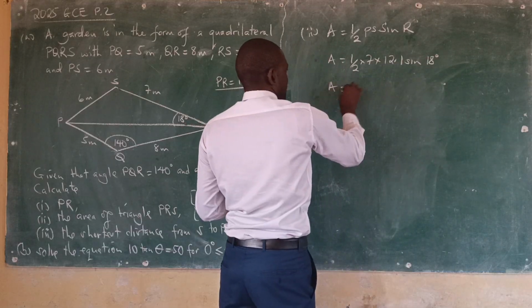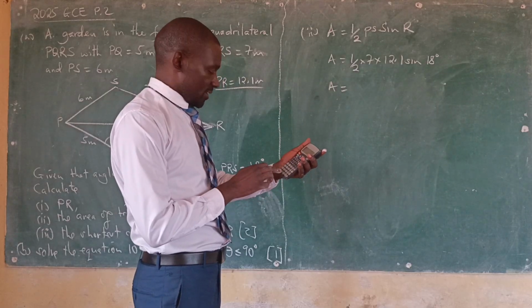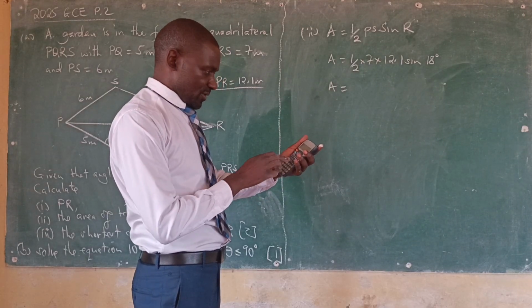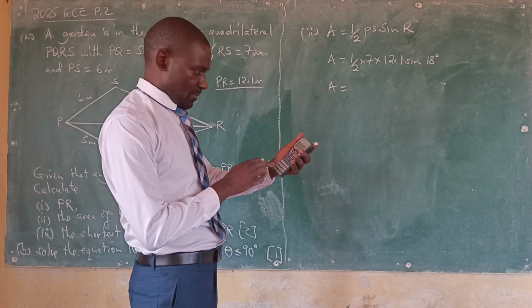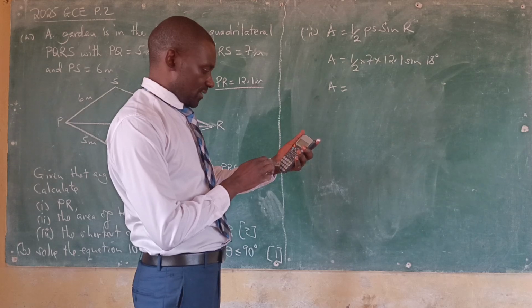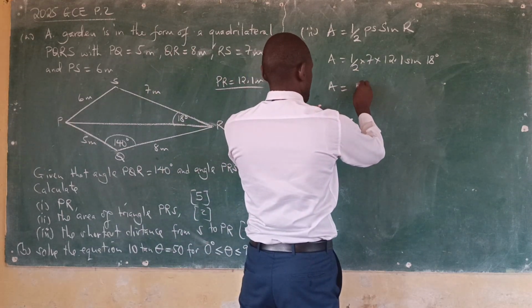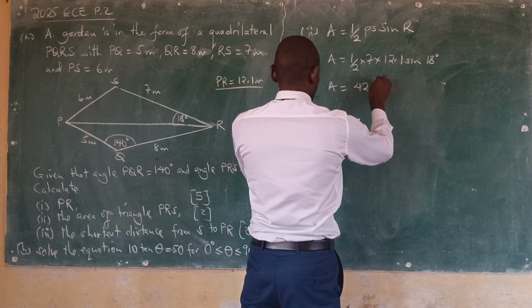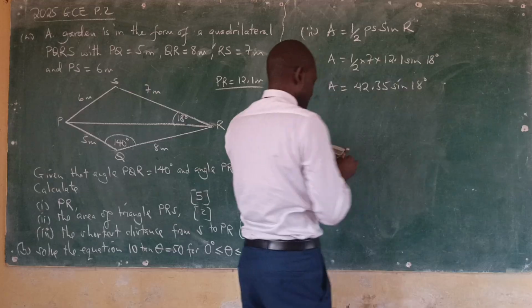So we try to work it out. We have 7 by 12.1. Then we divide it by 2. It's giving us 42.35. And then we multiply by sine 18.